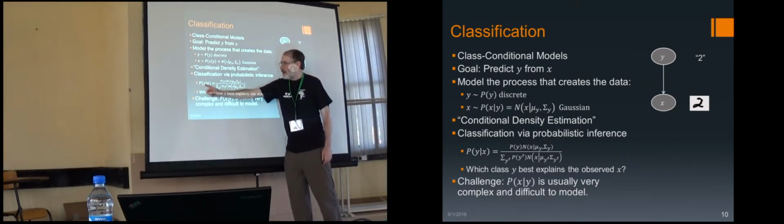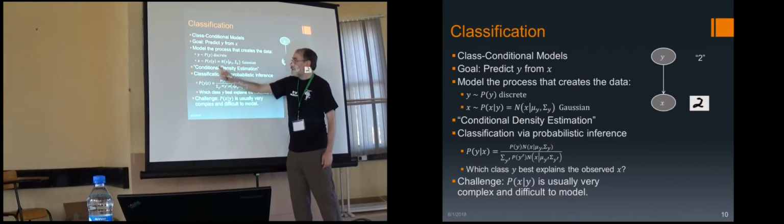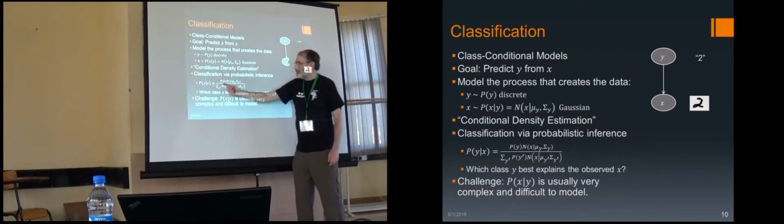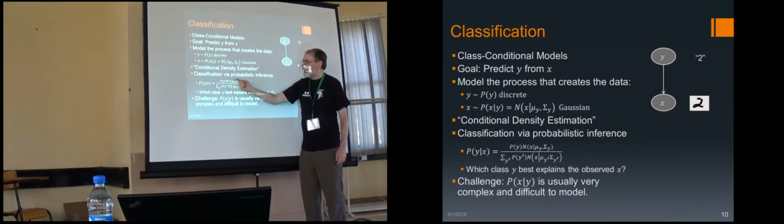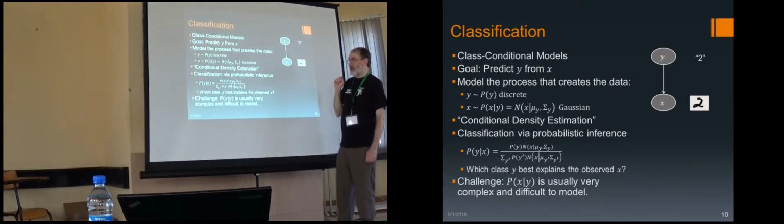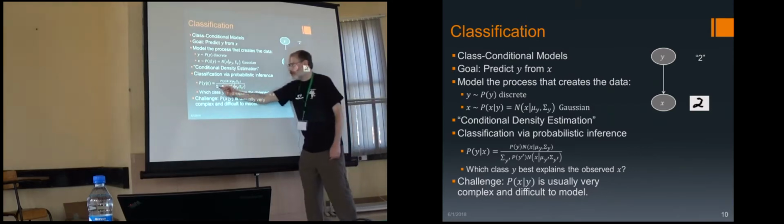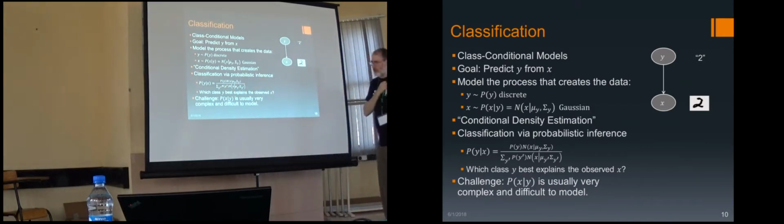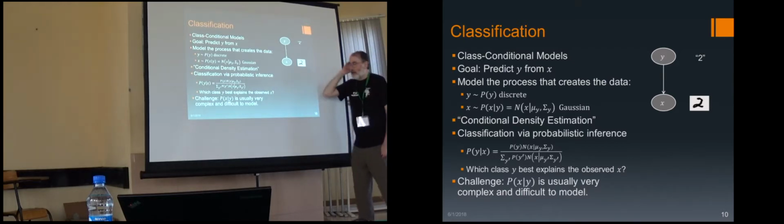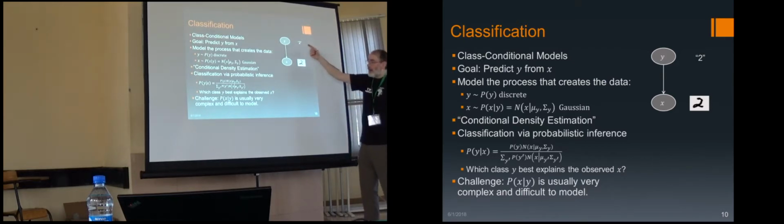So the probability of y given x, which is the reverse direction, is the background or prior probability of y times the likelihood of x given y. So this says how likely is it that the user was trying to draw a 2 and drew this image. And then we have to normalize it so that the probabilities sum to 1, which is all that the denominator is doing. So we can think of this as saying which class label y best explains the observed image.